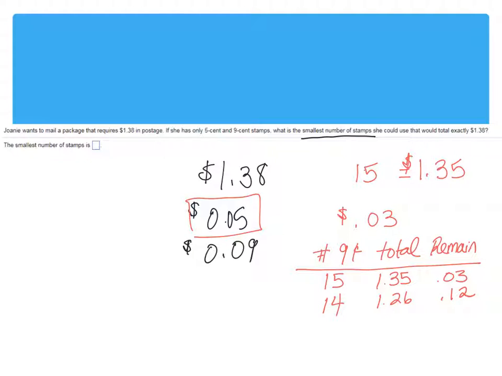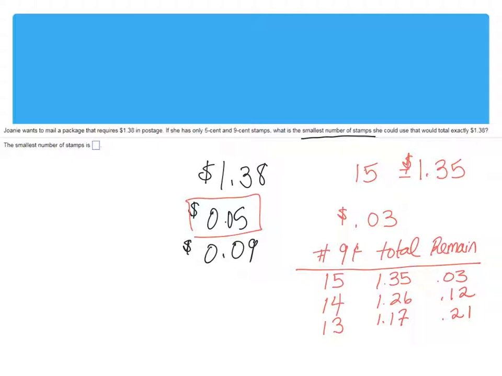So let's try one less. Let's try 13 9-cent stamps. That's $1.17, and I'm 21 cents away. I'm going to keep doing this until my remainder is actually divisible by 5 cents.